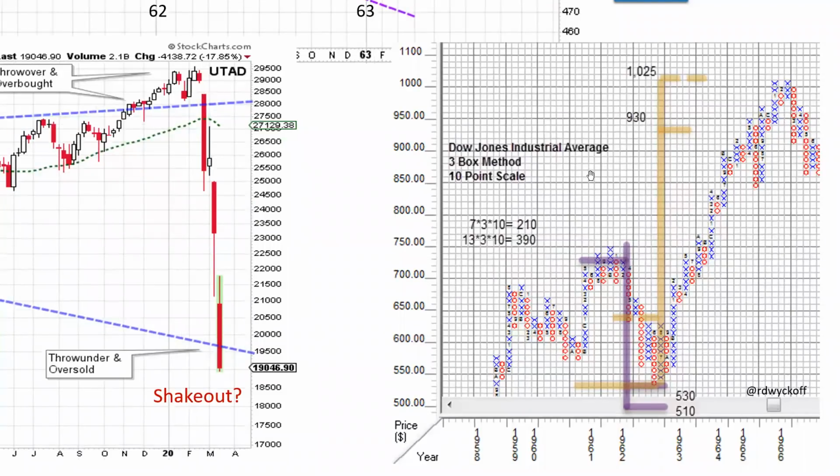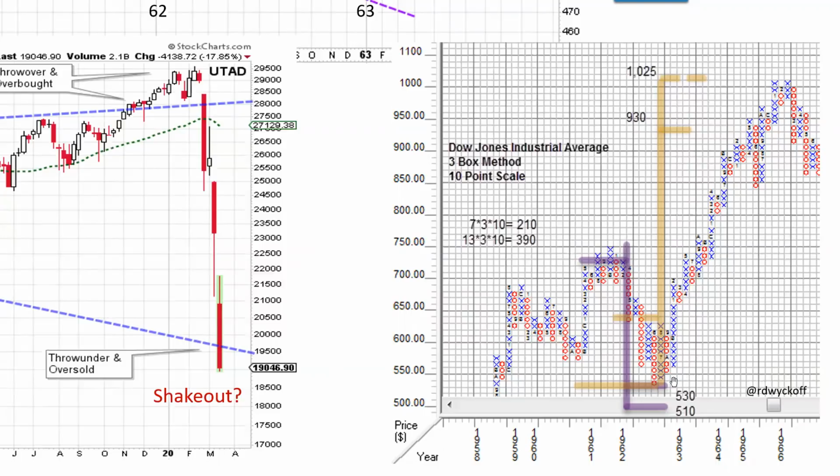Okay, so this is our point and figure chart of that 62 period. And you can see the distribution count right here went down and counted to the minimum objective range, went right to it. So it did a really good job of counting down to the conclusion, and this is the big waterfall decline. Then after that, it builds the cause, which produces an important rally, and you can see the cause shows up nicely here.